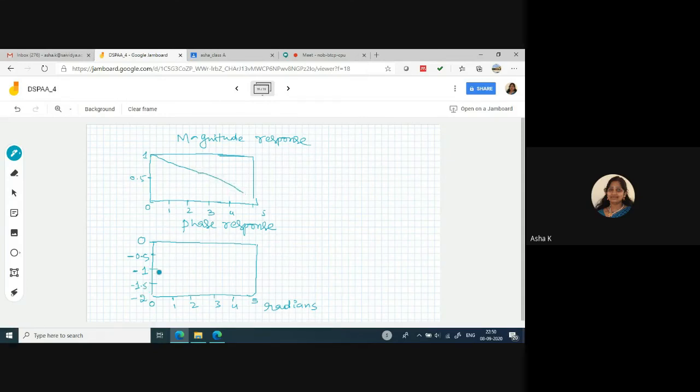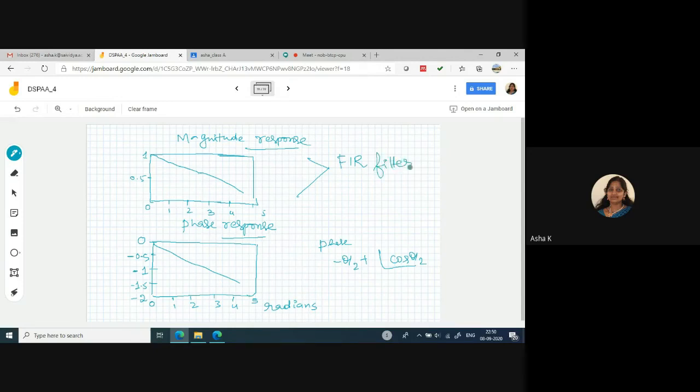Similarly, if we substitute different values of theta in radians into minus theta by 2 plus the angle of cos theta by 2, we obtain the phase spectrum, which will be like this. So this is the magnitude response and phase response for the finite impulse response filter.